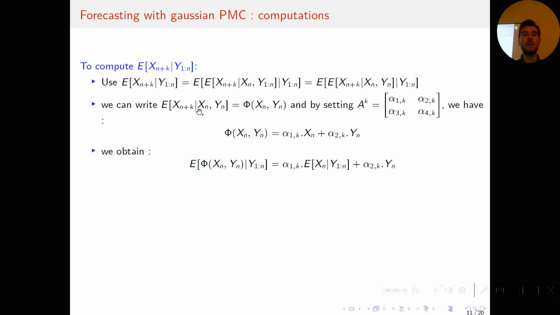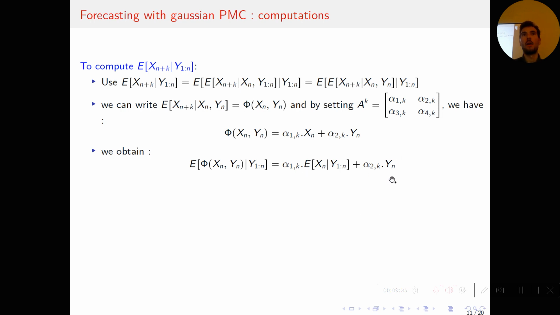Then we can write this conditional expectation as a function of xn, yn, as a linear combination of xn and yn, and then obtain our prediction as a linear combination of a conditional expectation.